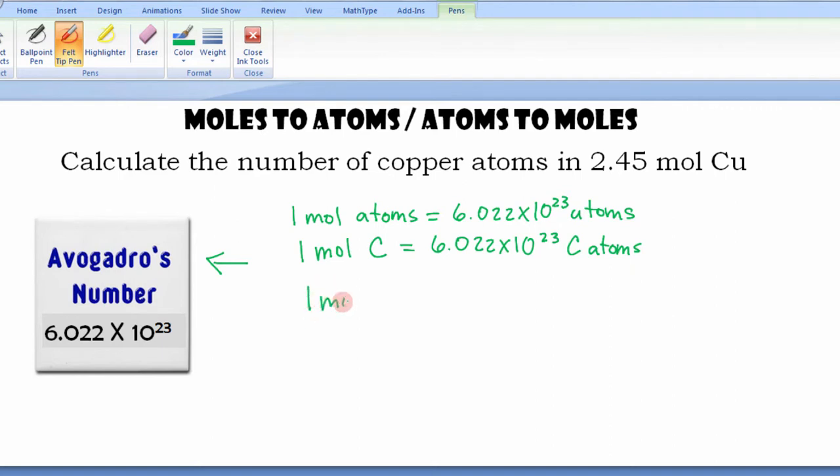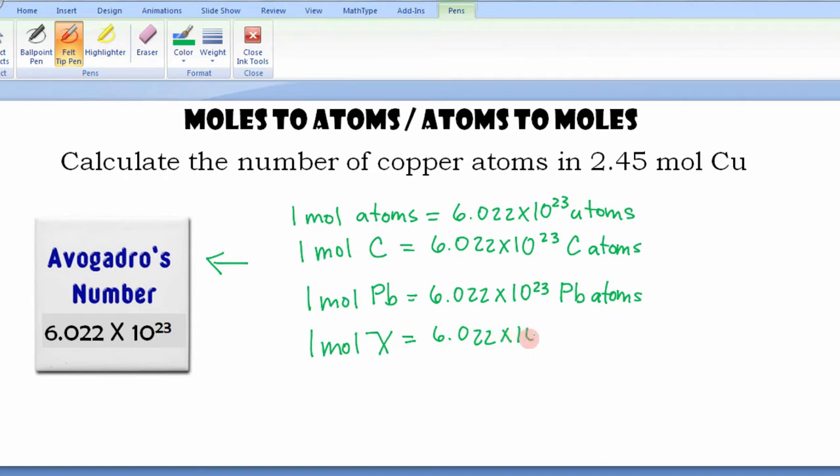If we had a mole of lead, it would be equal to 6.022 times 10 to the power 23 lead atoms. So this would work for any element, any atom. I'm just giving a generalization of X.